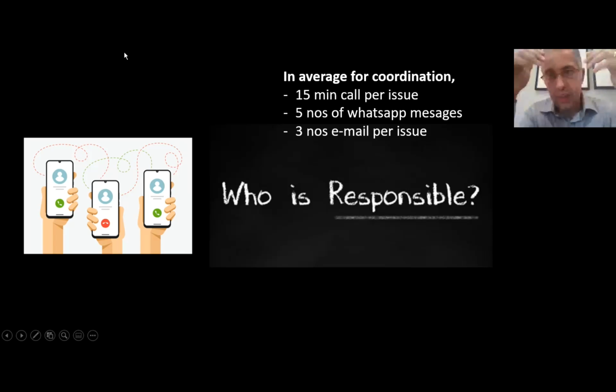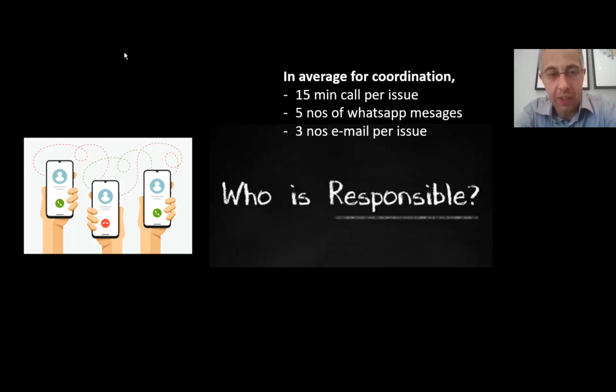And what we try to do using this chatbot and that kind of technology is make communication easier and make coordination more effective. Normally, in issue management on a construction site, people on average make a 15-minute call per issue, 5 WhatsApp messages are sent for each issue, and 3 emails per issue are sent.